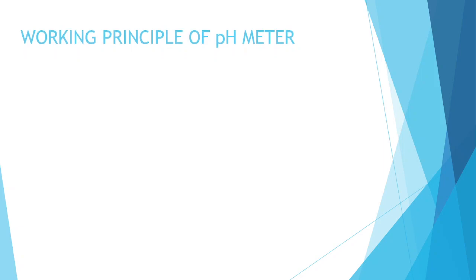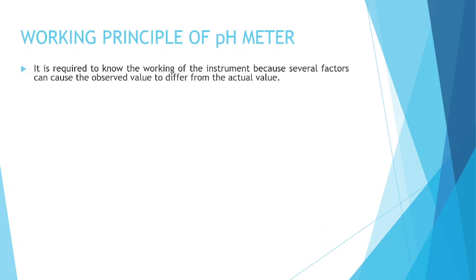First of all, the working principle of pH meter. Why is it important to know the working of the instrument? It is important because several factors can cause the observed pH value of the solution to differ from the actual value.